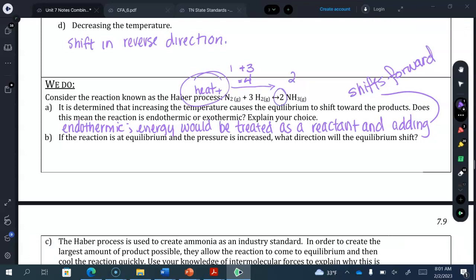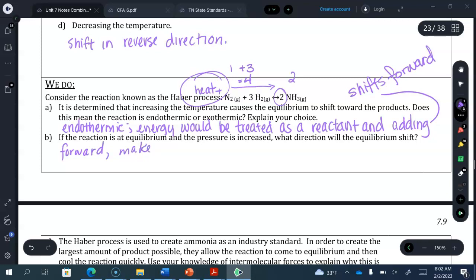So if we increase pressure, we're going to shift to the side with fewer moles of gas, which means we're going to shift towards the products or shift in the forward direction, because it's going to make more products and have fewer moles of gas.